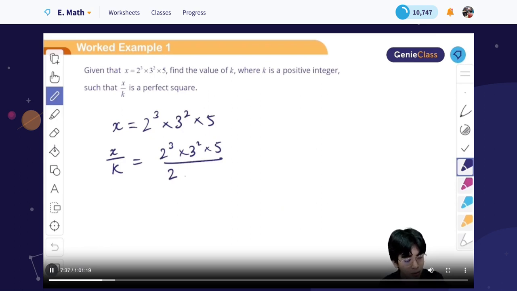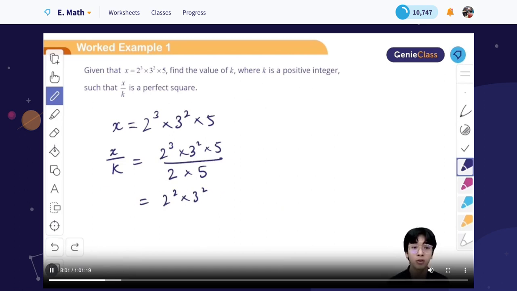Divide by 5 is the same as multiplying 5 in the denominator. So I'm basically removing one factor of 2 and one factor of 5 such that I get 2 squared times 3 squared times 5, and the 5 and the 5 cancel out.